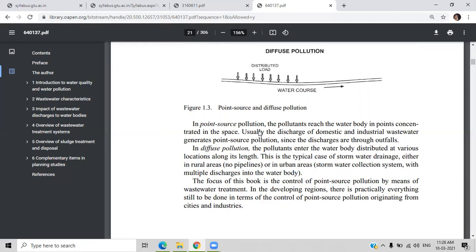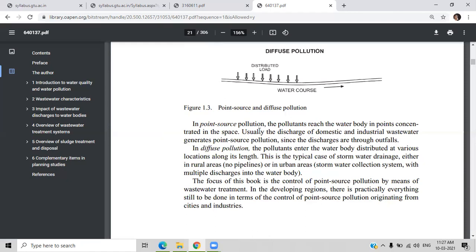In diffuse pollution, the pollutants enter the water body distributed at various locations along its length. This is the typical case of storm water drainage, either in rural or urban areas. So in diffuse pollution, when the water runs off over the surface with the help of gravity, it collects the residual pollutants available on the different kinds of surfaces.